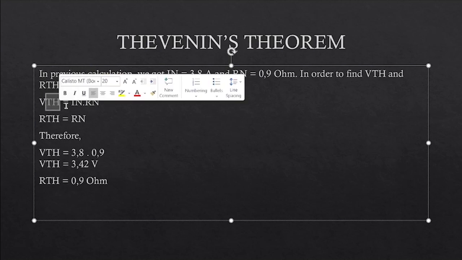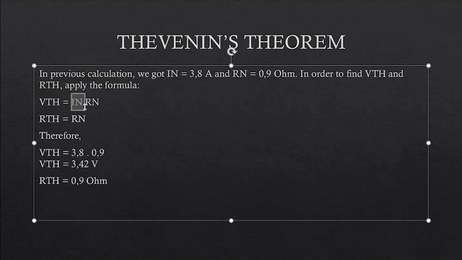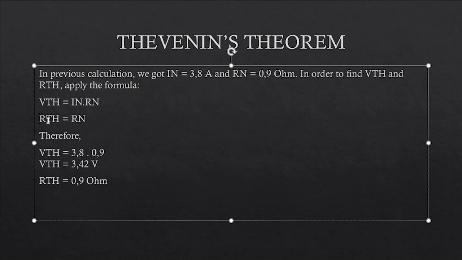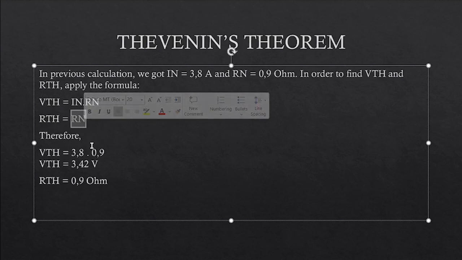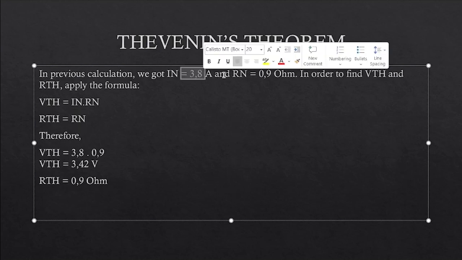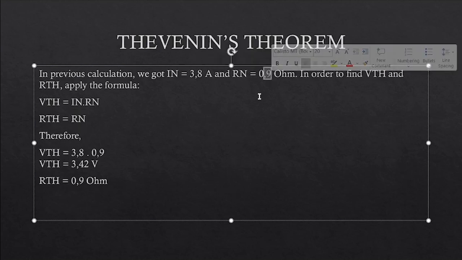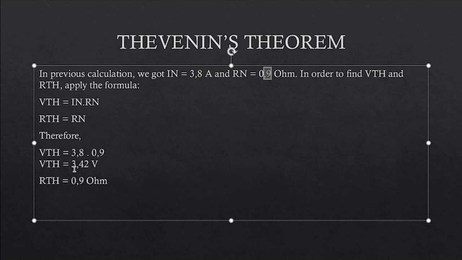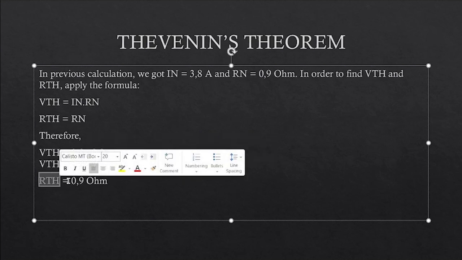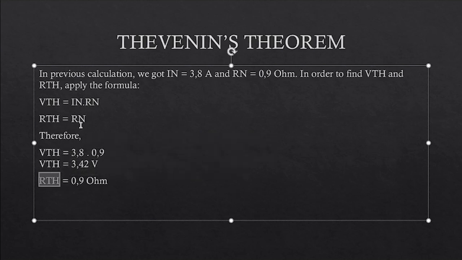V Thevenin here is equal to IN times RN, and the R Thevenin is the same as RN. Therefore, the V Thevenin is IN times RN, 3.8 times 0.9. We got 3.42 volt, and the R Thevenin is the same as RN. So we got 0.9 ohm.